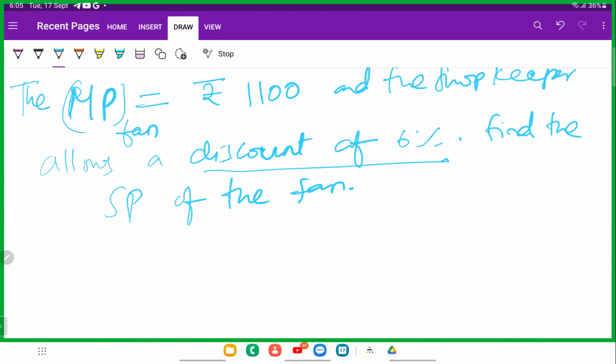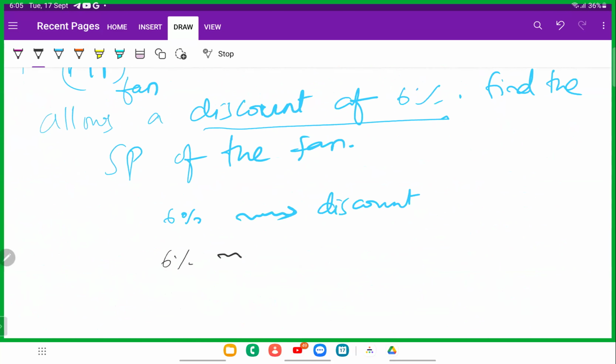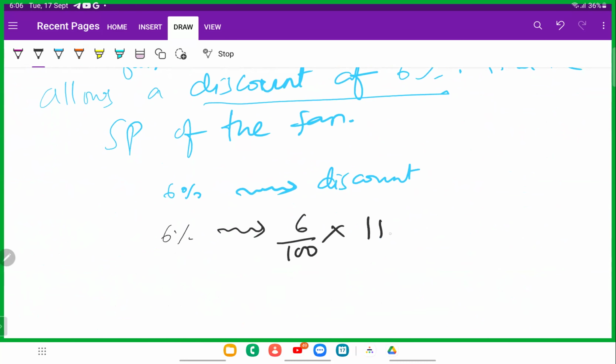So 6% discount is given by the shopkeeper. So 6 by 100 into 1100. So 66 rupees is the discount.